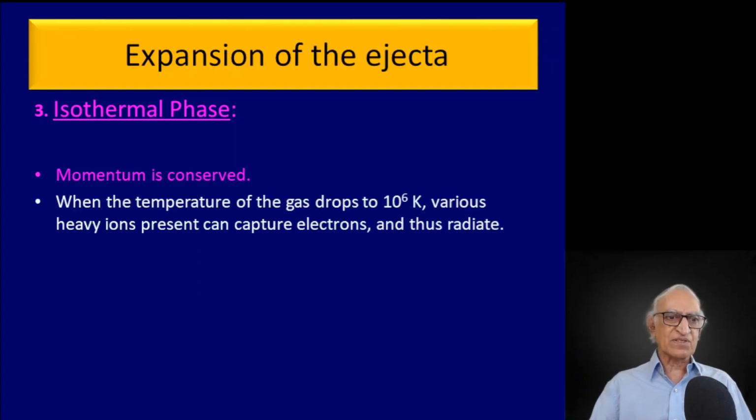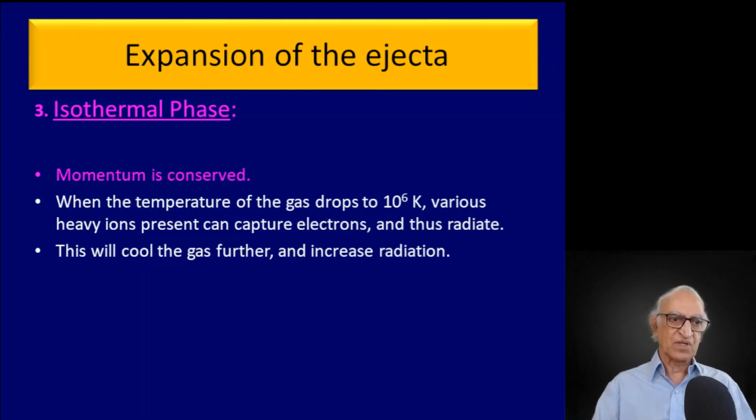Now, when the temperature of the gas drops below 1,000,000 degrees, various heavy ions present can capture electrons, and you can have transitions between various lines, various excitation levels of this ion, and these various transitions give rise to X-ray emission, and the gas will quickly cool.